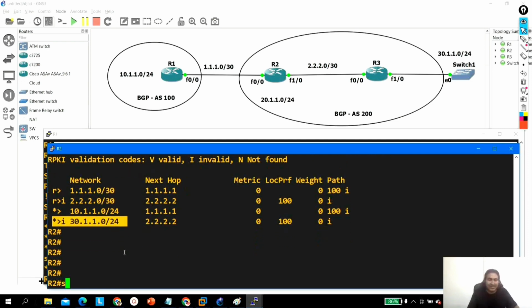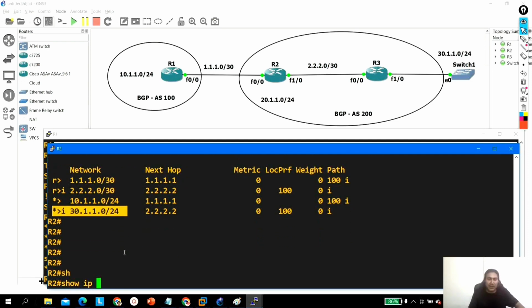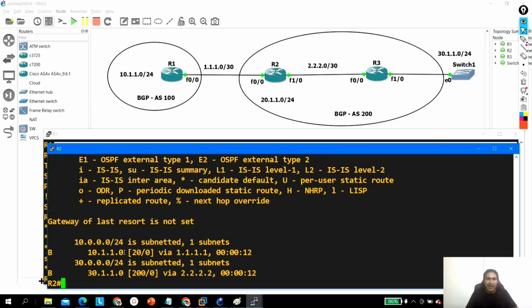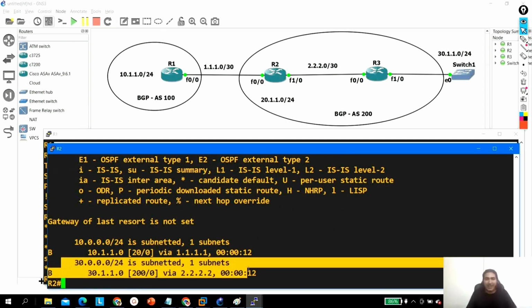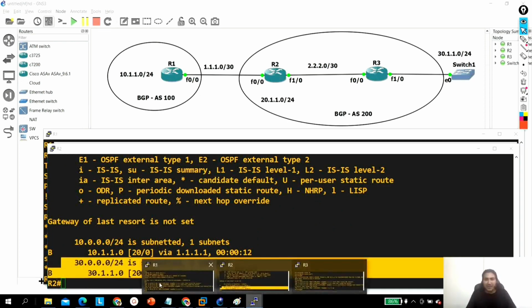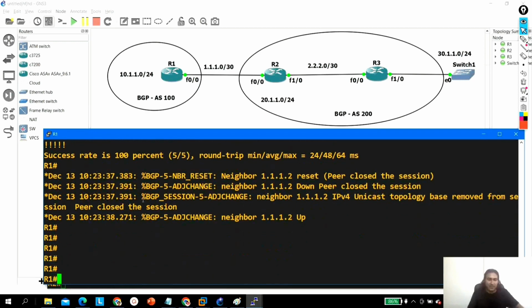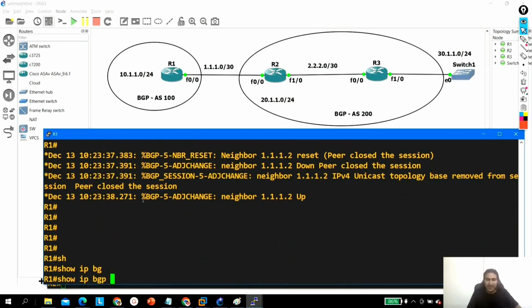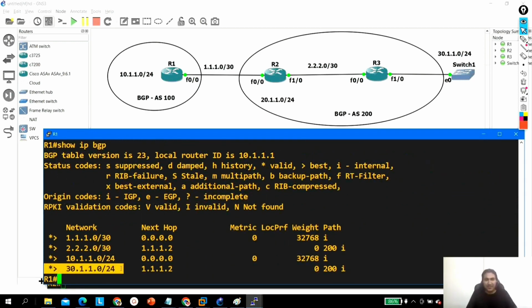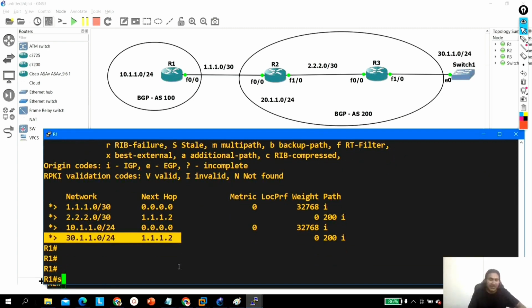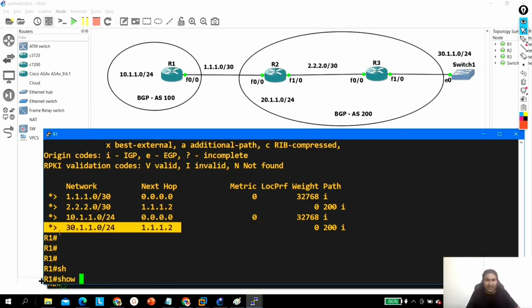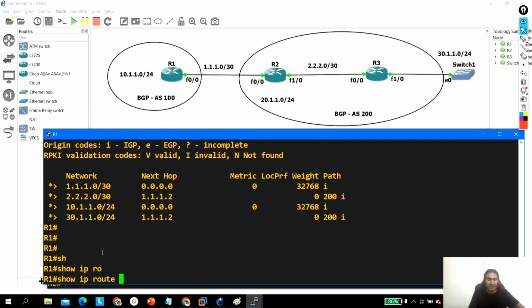So this router will install this prefix in its routing table, so show IP route BGP. And this router will advertise it to its eBGP neighbor as well. So show IP BGP, here you can see in the BGP table the 30 prefix is available, and this one is best as well as valid, so this router will install these routes in its routing table.